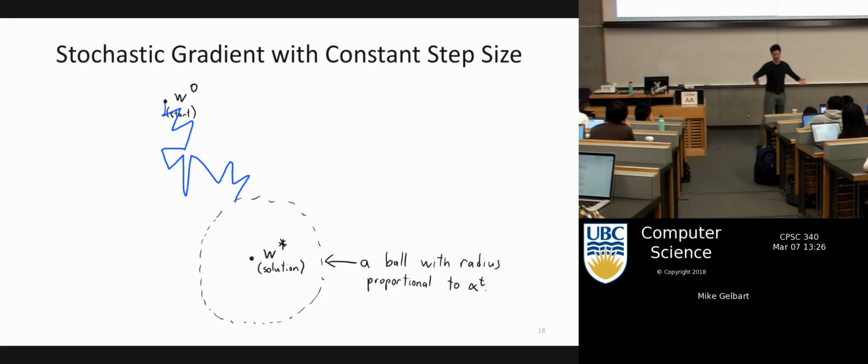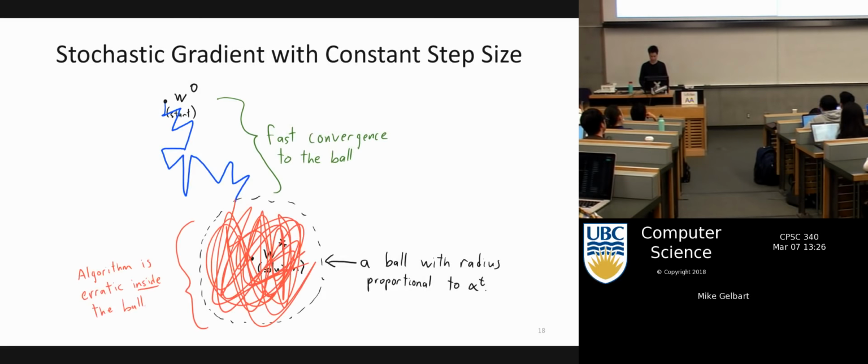And that's exactly what we've been talking about. Many of the training examples are aligned with each other, agree with each other. We're kind of getting there. But then when I get very close, crazy stuff happens. Because basically it's this variance thing again. The gradients are all different from each other. And so I'm just bouncing around the solution.